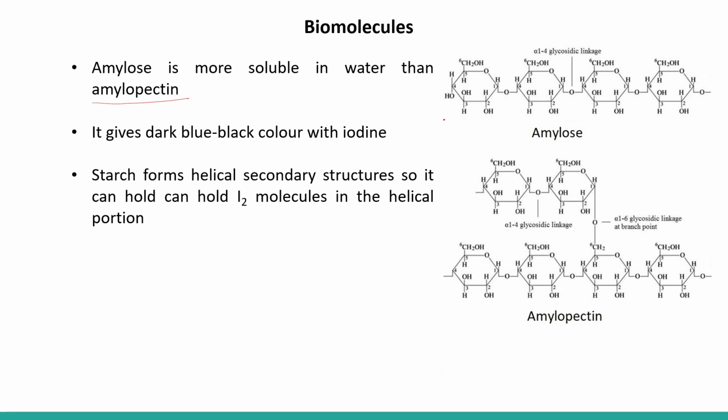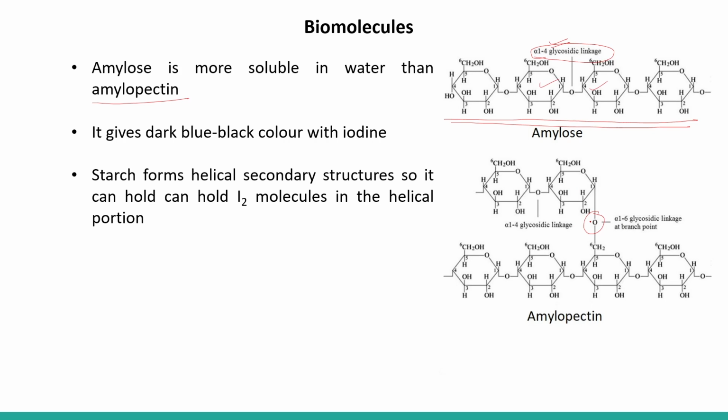So amylose, you can see, is a long chain-like structure. And amylopectin has a branched chain here. The 1,4-glycosidic linkage is the type of linkage present between the monomers.